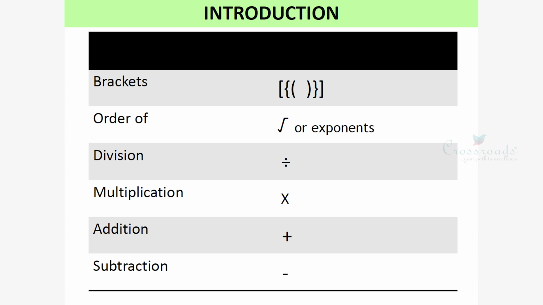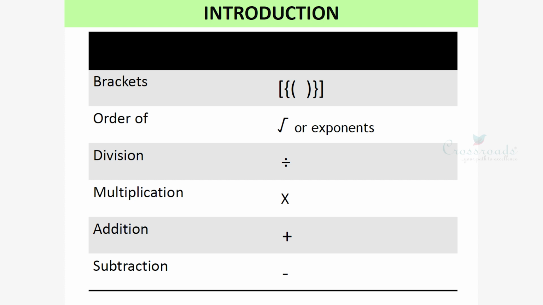Suppose multiplication comes first, we solve the multiplication and then we go to the division. The same thing applies to addition and subtraction also. So if subtraction comes first, we do the subtraction first, then we go to the addition. We follow the left to right rule again.